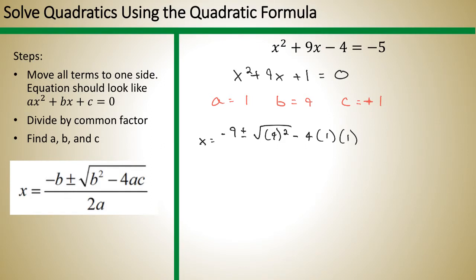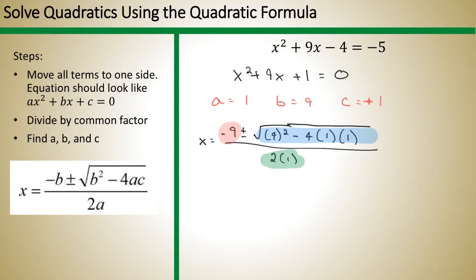And that's all over 2 times a. Okay, so now we're going to simplify the 3 parts that we have. We have this part, we have the radical, and then we have this denominator here.